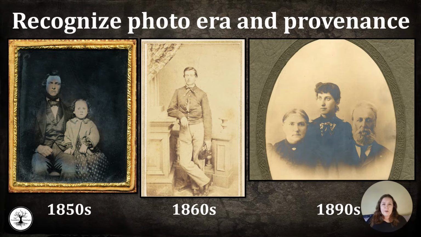Learn to look at what age a photo might be based on how it looks, like the tintypes in the 1850s, the cabinet cards in the 1860s, and so forth. So this is the same man across the 1850s, 60s, and 90s. I like to compare facial features.